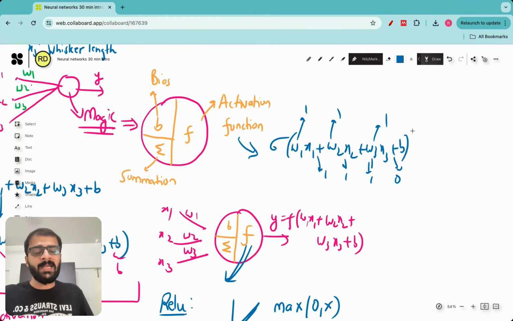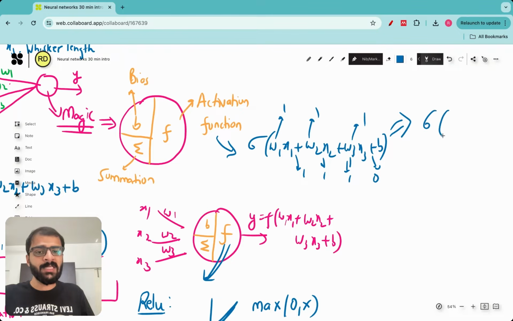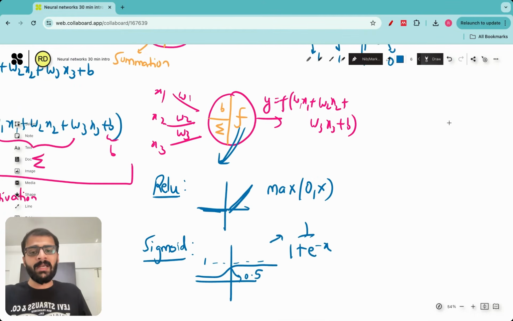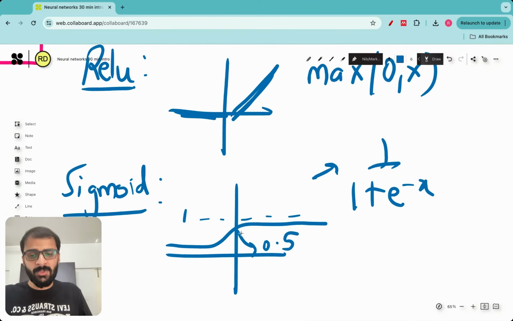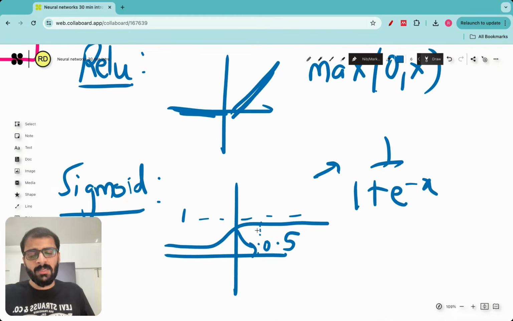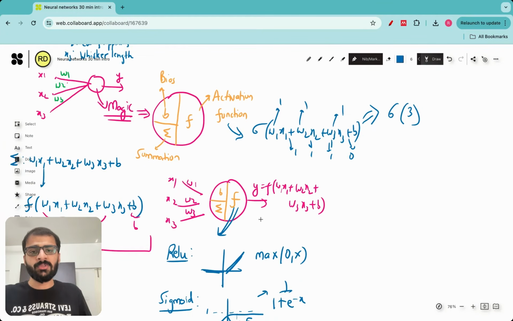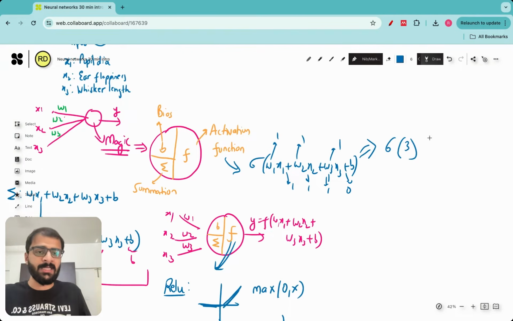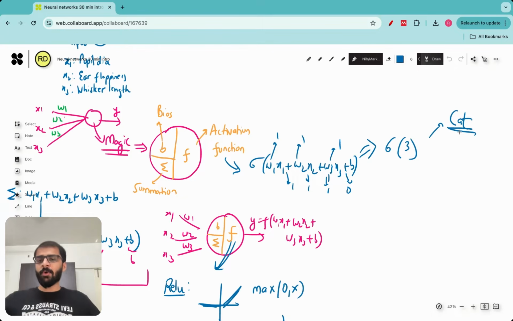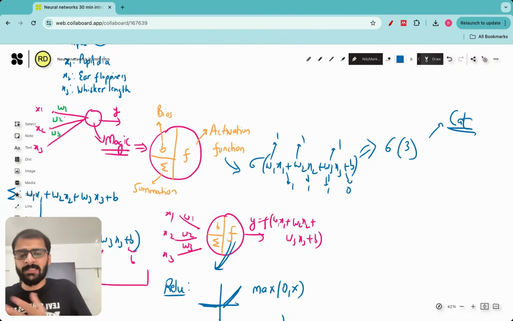Then the output of this neuron will be sigma of 3, which means it will be somewhere here. It's on the positive side, so it's greater than 0.5. So we'll say that it's a cat, because in our notation, if it's greater than 0.5, it's a cat. If it's less than 0.5, it's a dog.